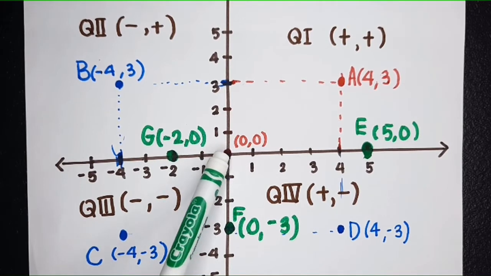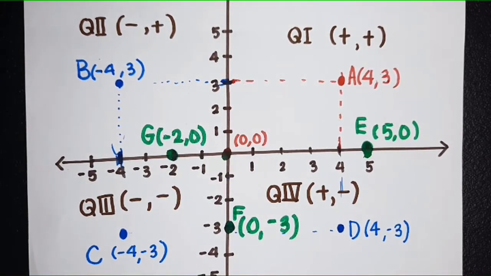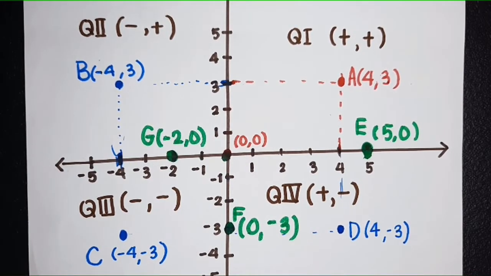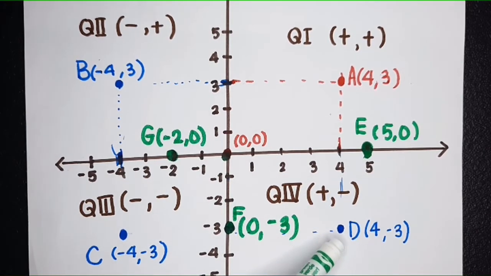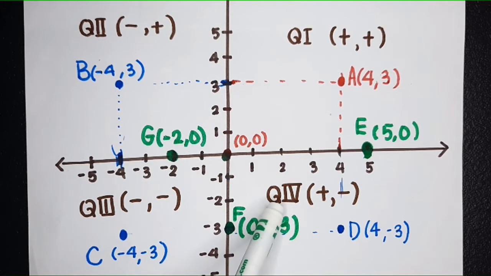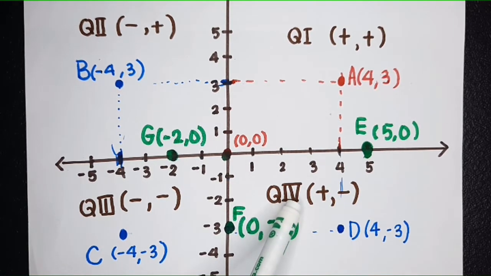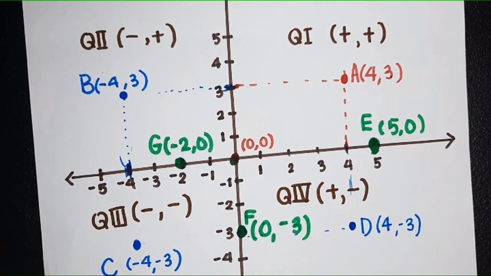Okay? Let's do more. Determine the location of point D. Where is point D? Here. Anong location niya? Quadrant 4. Okay? Okay, let's try again. Determine the location of point G. Where is point G?